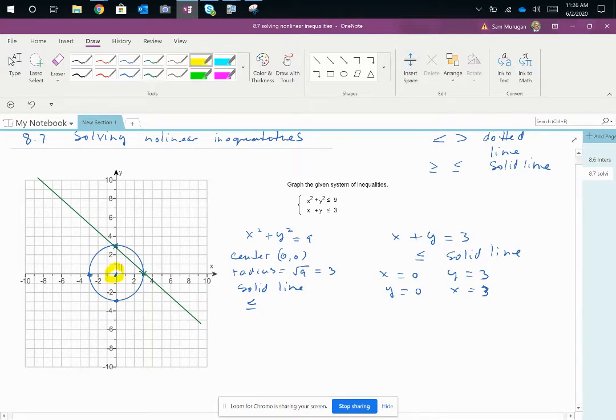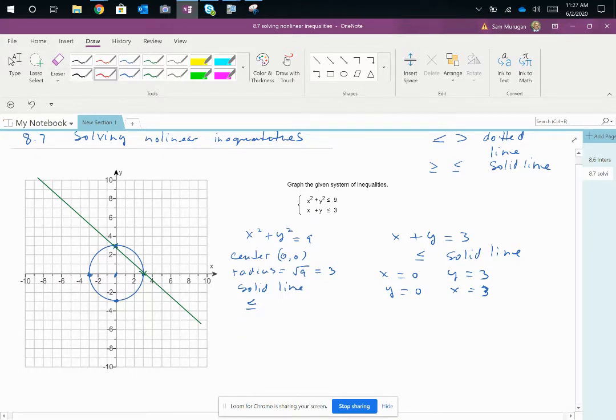It could be under the line but inside the circle. It could be over the line but inside the circle. It could be over the line but outside the circle. And it could be below the line but outside the circle. So only 4 possible areas. So you want to test values.